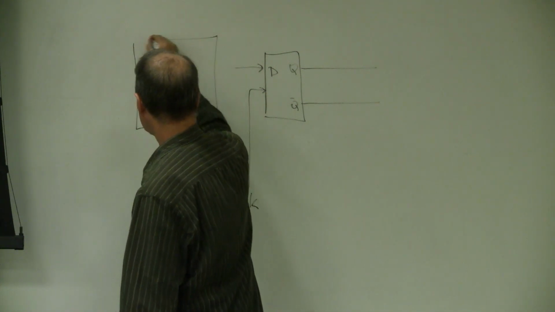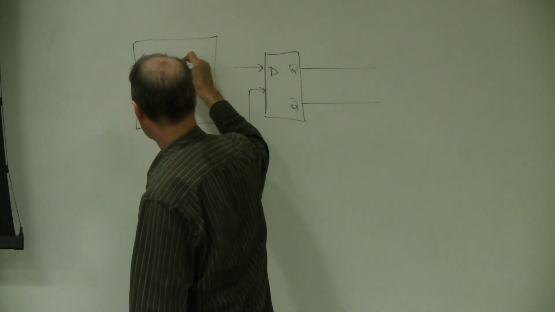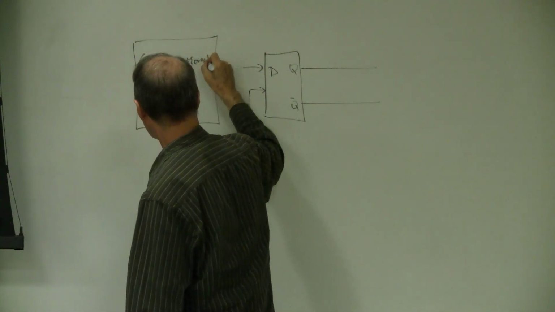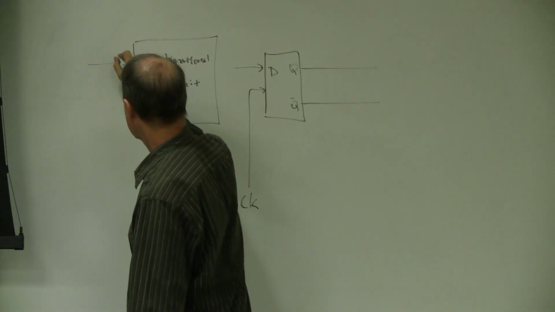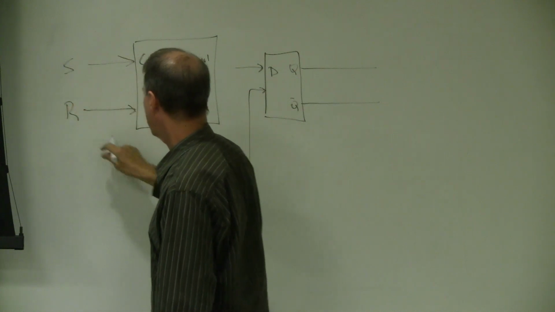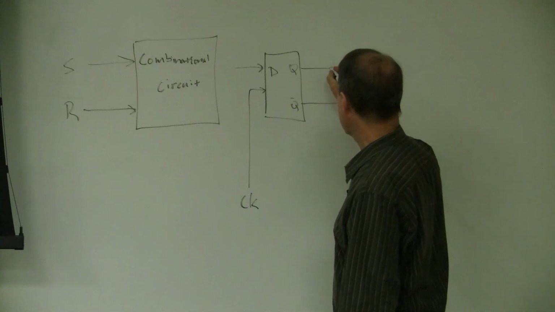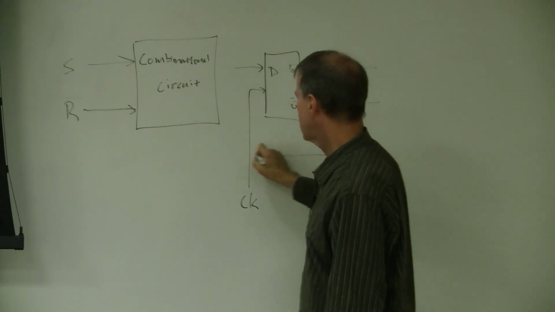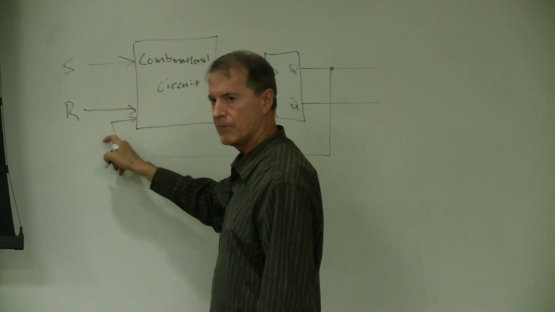There's always a combinational circuit here. And because we're constructing an SR out of a D, that means that our input into the combinational circuit will be S and R. And then we will possibly have a feedback here with a Q, right?